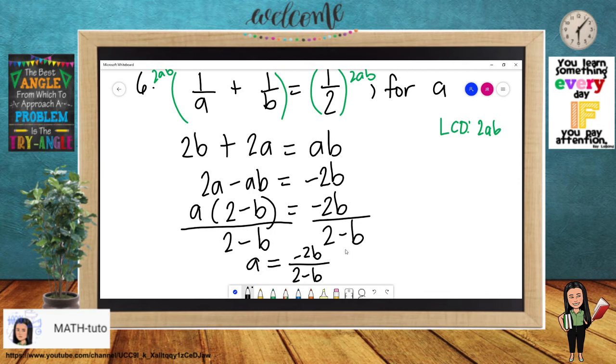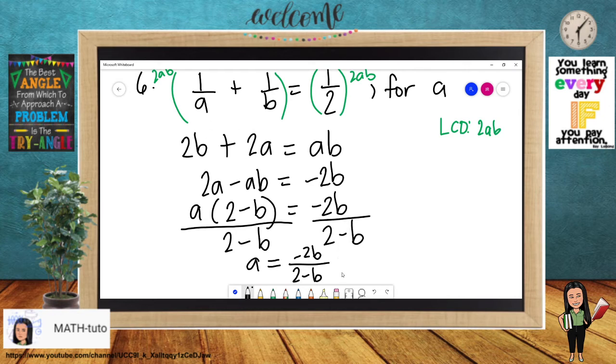By the way, in this equation, if what we did is we moved 2A to the other side, then 2B stays positive.